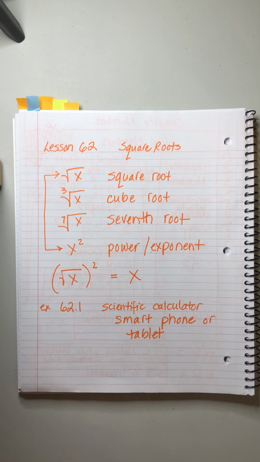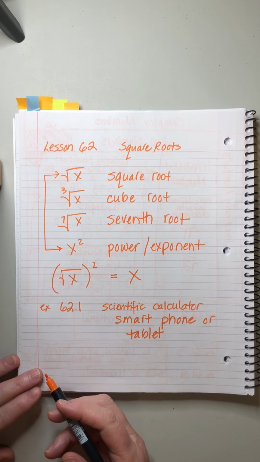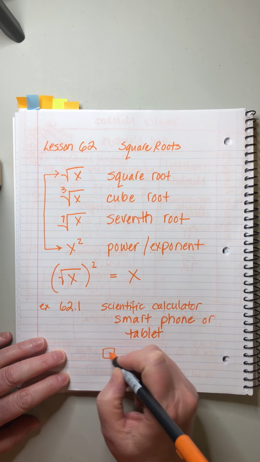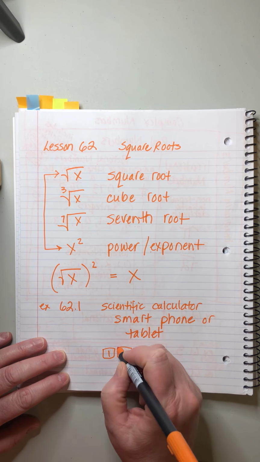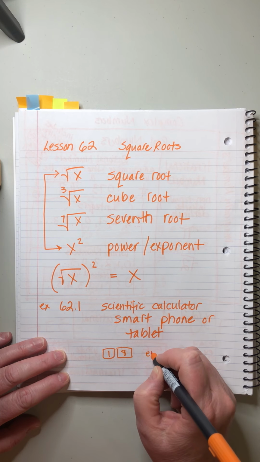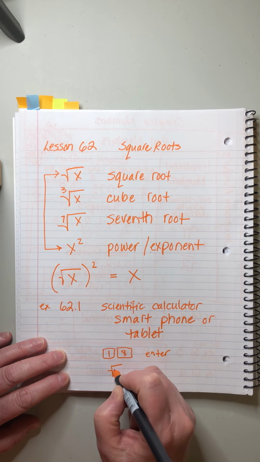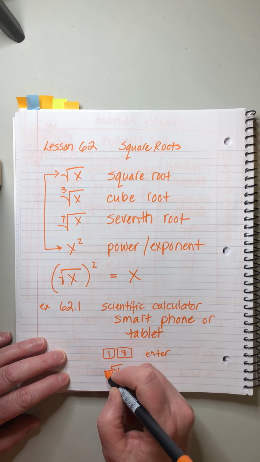Okay, so if you want to find the square root on a calculator, if you want to calculate it, you enter the number. We're going to enter 18. You put that in, and then you hit the square root button, and I believe it has an X in it.